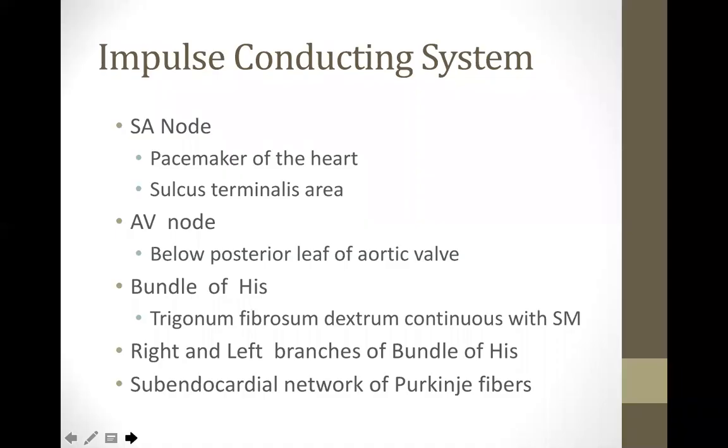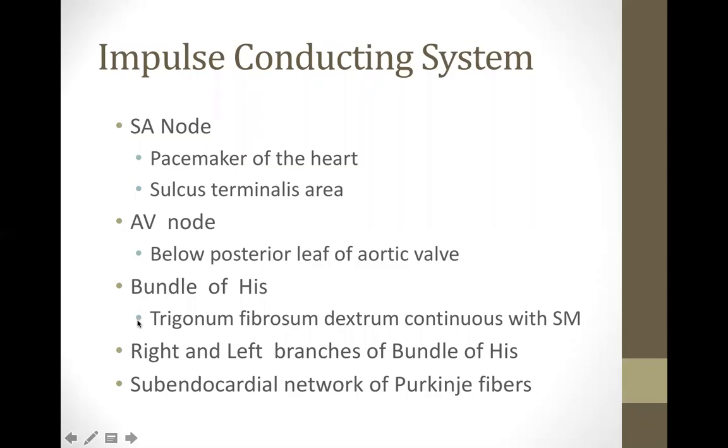Okay. So, after talking about the cardiac skeleton, ano pa ba? The walls of the heart, let's go to the conducting system. Yung na-mention ko kanina. The SA node is the main pacemaker of the heart, which is found at the sulcus terminalis area. Okay? The AV node, so from the SA node, it goes to your AV node. They are found below the posterior lip of the aortic valve.